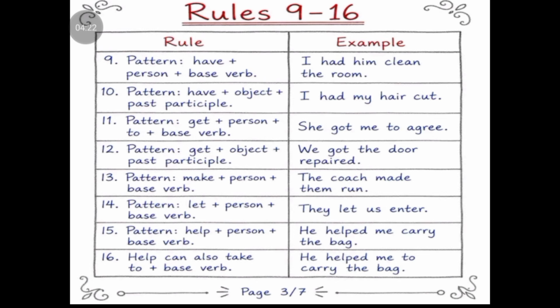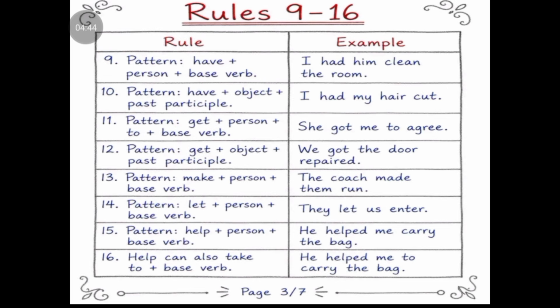And then number 11, another pattern for this: get plus person plus to plus base verb. So that means the first form of the verb. For example, she got me to agree. So got is the form of the verb get. The person is me.